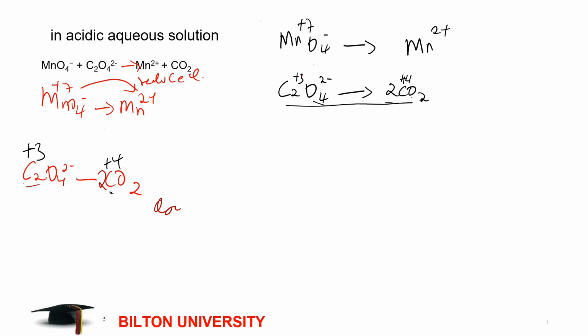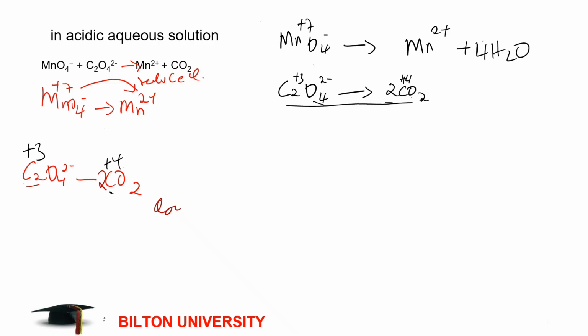We add water molecules equal to the number of oxygen atoms present. On the left hand side we have 4 oxygen atoms, and on the right hand side we don't have any, so we add water molecules on the side where we have less oxygen, the right hand side.